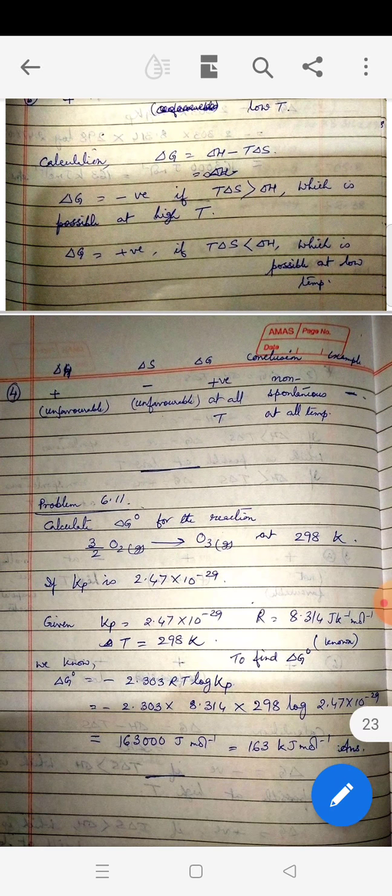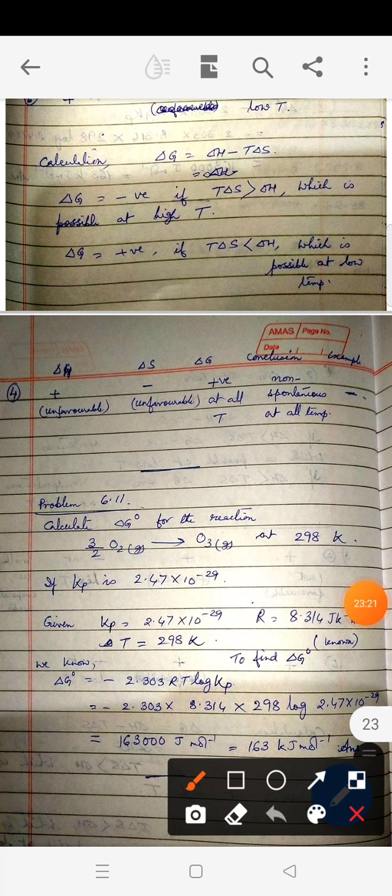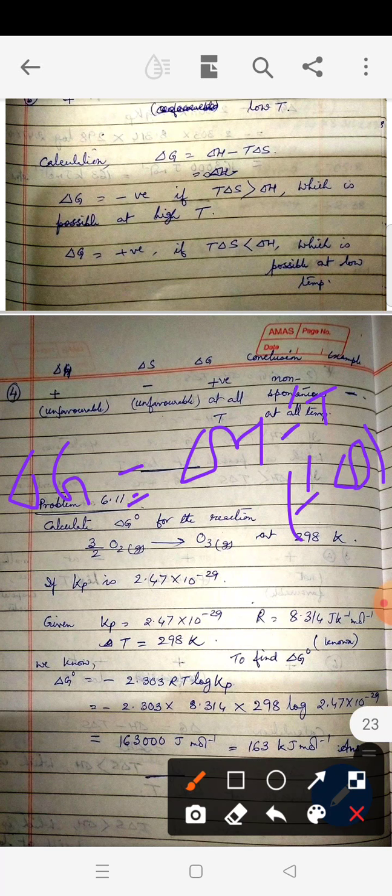Now, if delta H is positive and delta S is negative, both are unfavorable, then the delta G sign will be always positive. You see, delta G equal to delta H minus T of minus delta S. So what will happen? Minus and minus will make it plus, and the sum total of two positive numbers will always be positive.